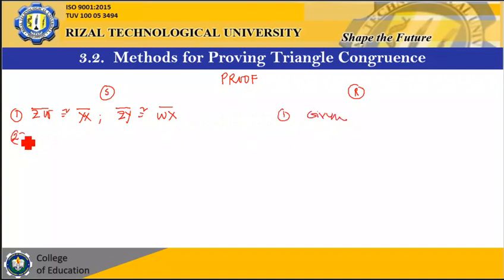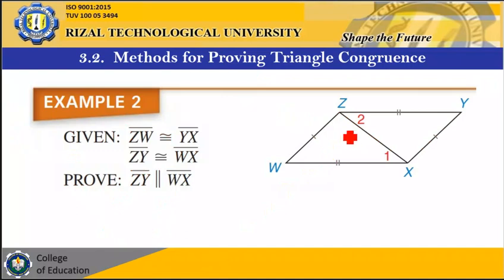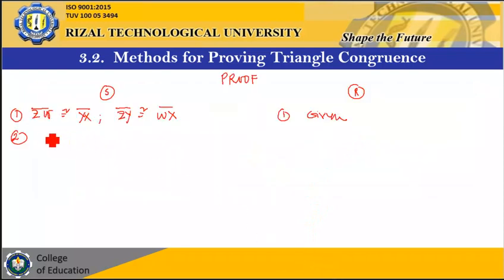For number 2, we can say that ZX is congruent to XZ. It's congruent to itself, and that is because of the reflexive property of congruence.